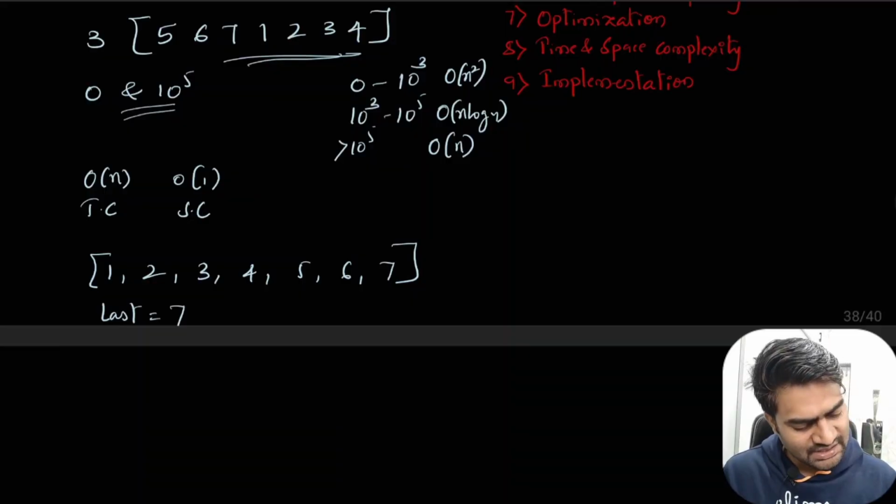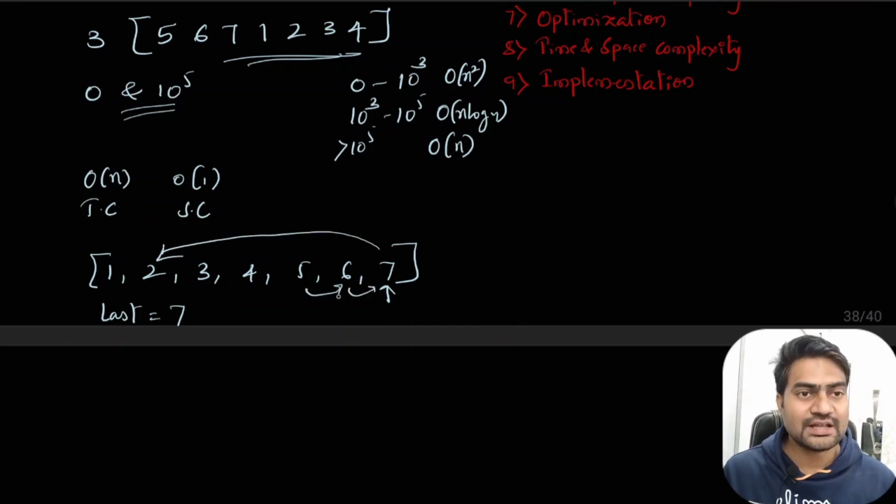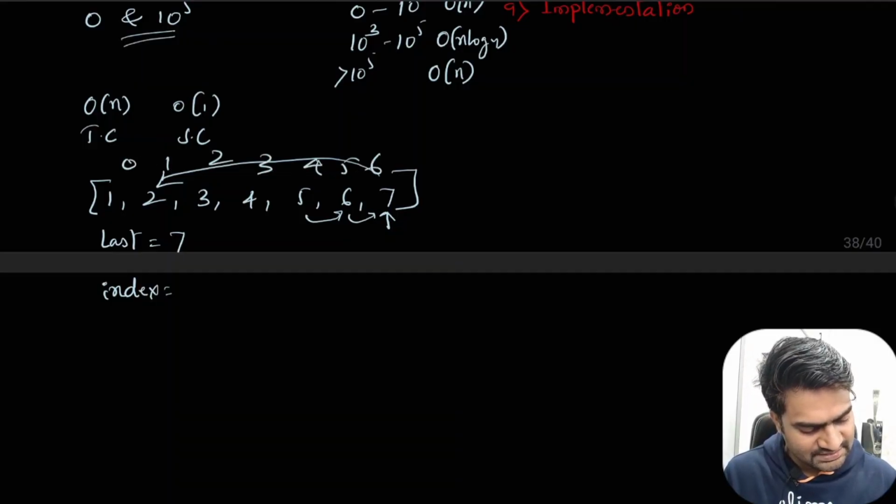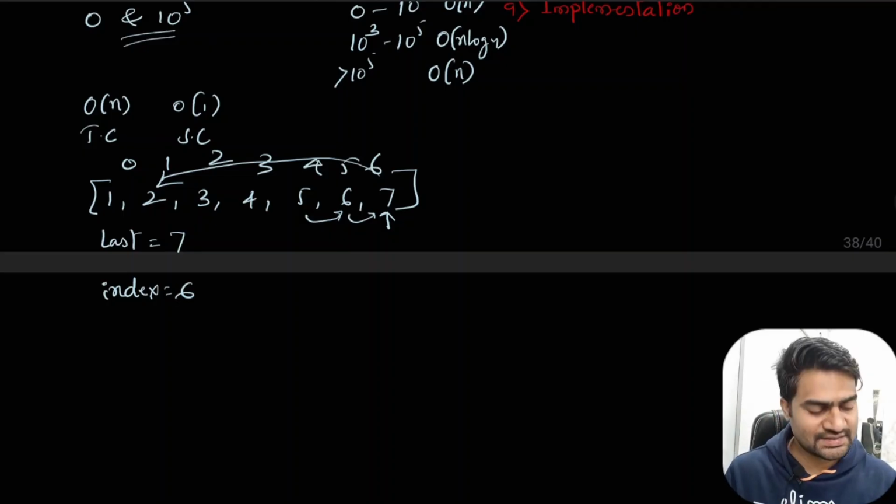After that, I will start from the last position and iterate till this position, and keep moving the element towards the right. This is my index: 0, 1, 2, 3, 4, 5 and 6. Initially I'll start with index 6.